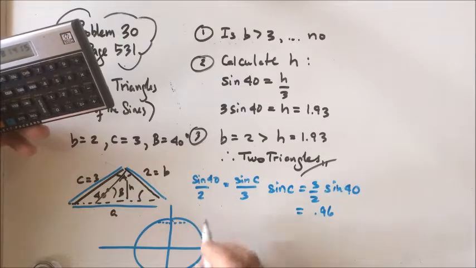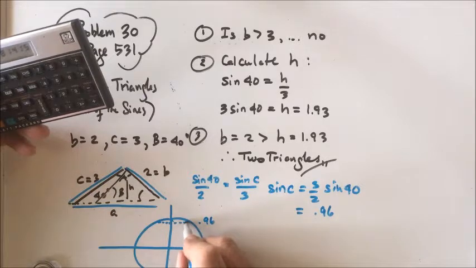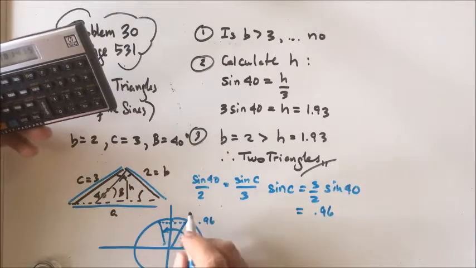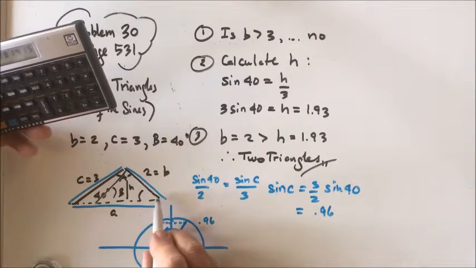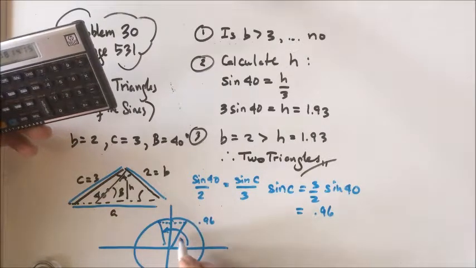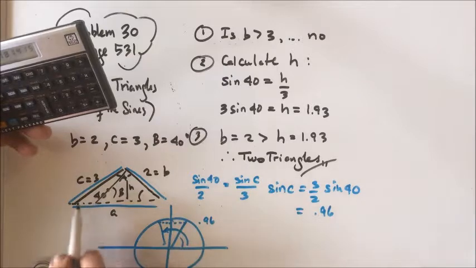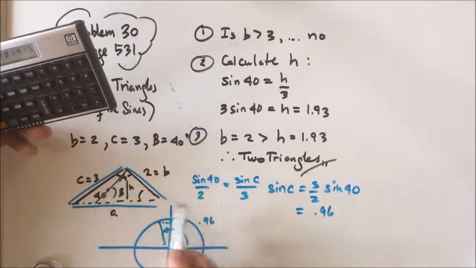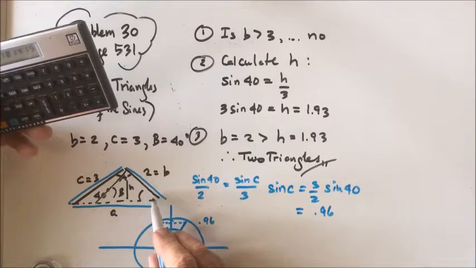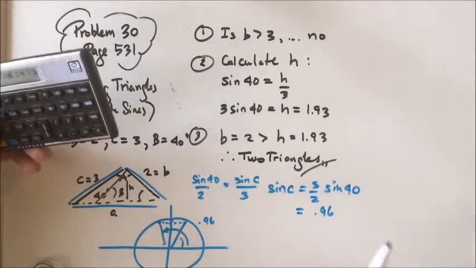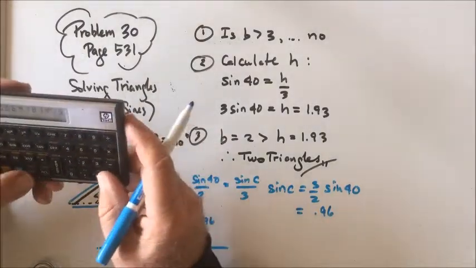So I'm going to go over here and say, here on the unit circle, 0.96 is right here. So I've got this angle and I've got that angle. This angle greater than 90 degrees is this one, and this angle less than 90 degrees is this one. So let's go find both of these.